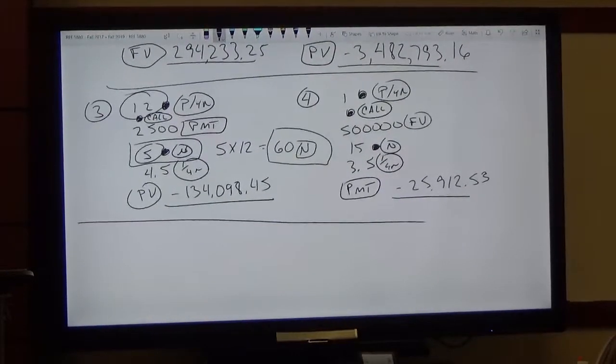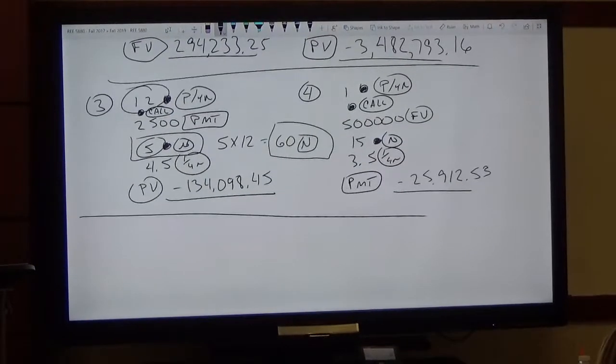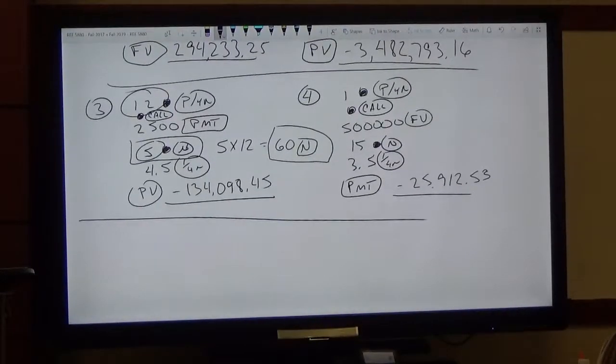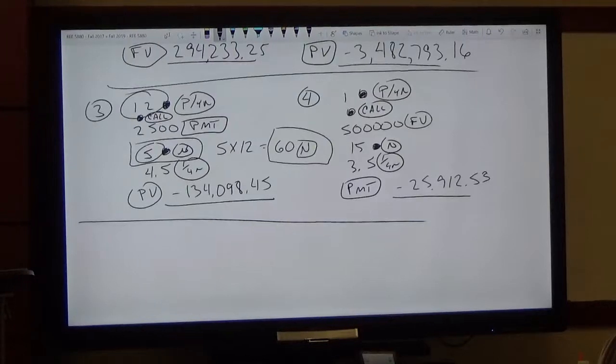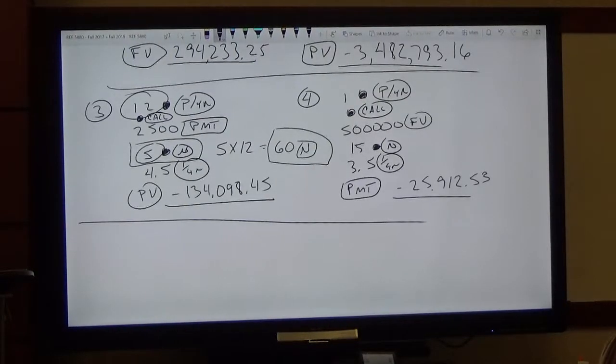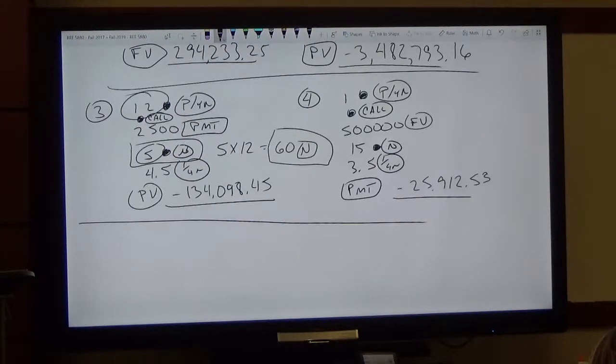In essence it's doing the same thing. Once you get more comfortable with it, you're going to find it almost interchangeable. Whenever I work through the problems, almost in all cases I'm going to choose to do the 5 shift N, unless there is some other weird, compelling situation that would require me to put it in as 60 N.